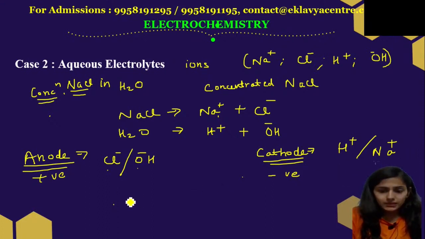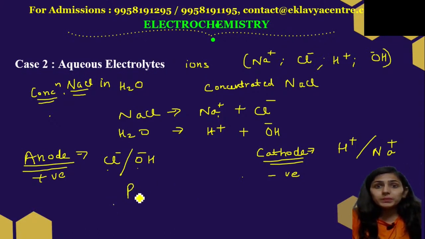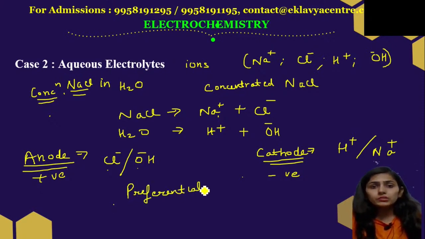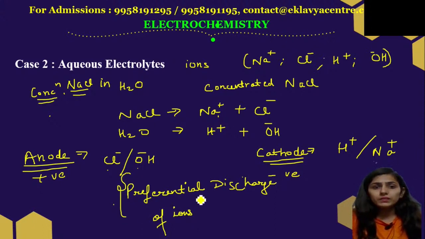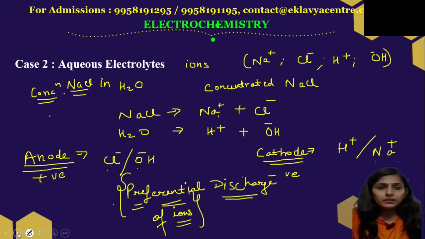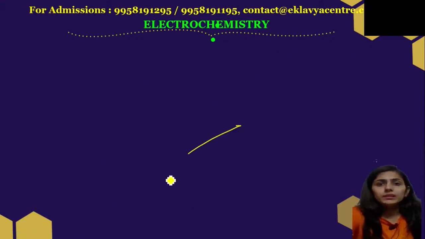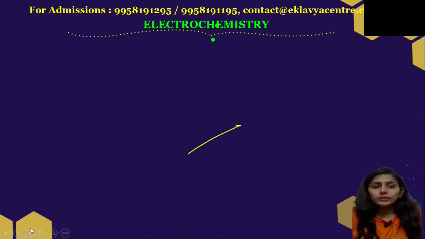Now we have to see the preferential discharge of ions. In the electrochemical series, we have already discussed the order of the SRP values, right?